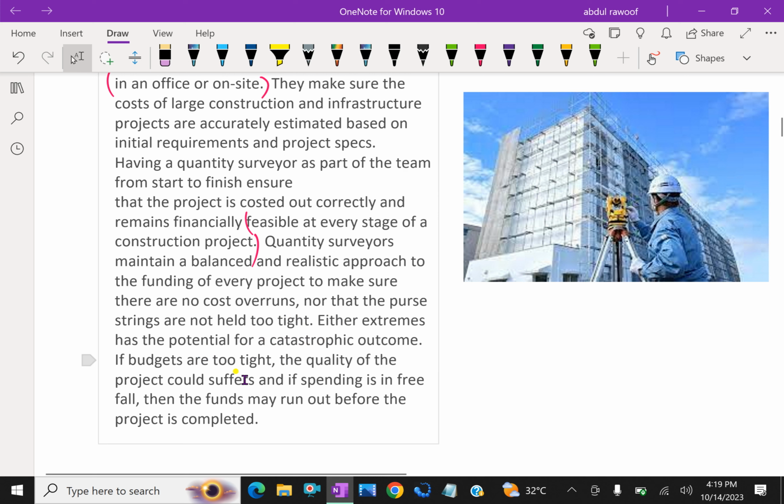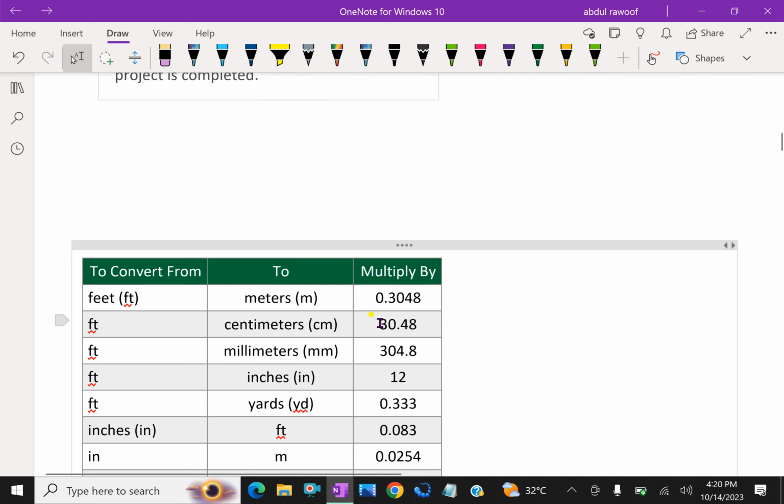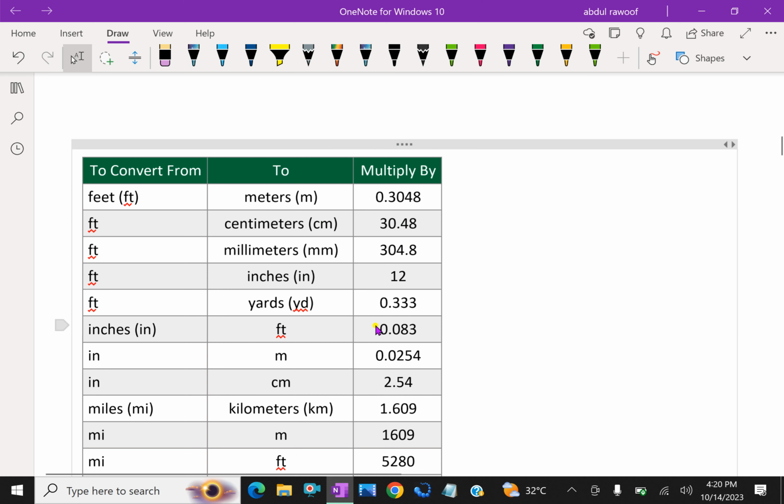If budgets are too tight, the quality of the project could suffer, and if spending is in free fall, then the funds may run out before the project is completed. So the quantity surveyor's job is very important from start to finish of the project. Now let us discuss some unit conversion in length, areas and volumes.